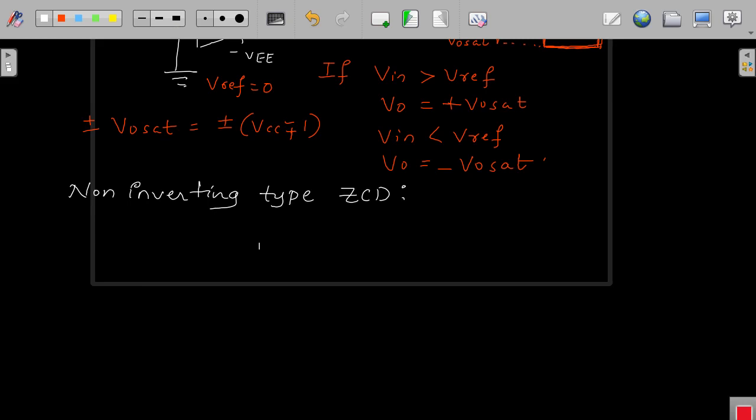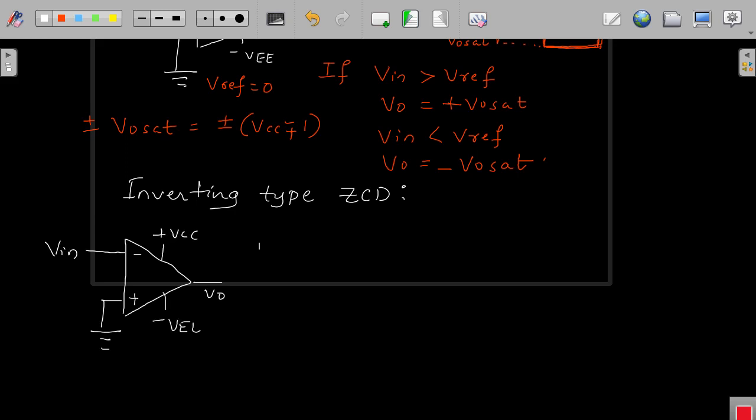Initially, sorry, we have already talked about the non-inverting type. Now we will talk about the inverting type of ZCD. So what changes will you make? Very simple. Again, you give the input to the inverting terminal, non-inverting terminal is grounded. That's all. V in, this is going to be your V0, plus VCC, minus VEE.